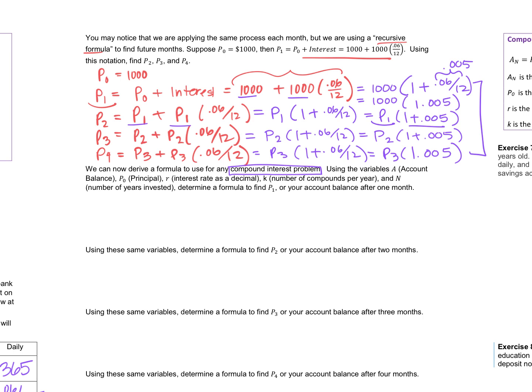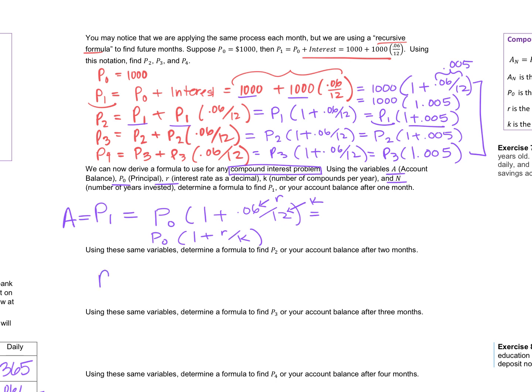And so P1, we could say that that is equal to that P naught times 1 plus 0.06 over 12, but using those numbers and letters here, we're looking at the amount after 1 month would be equal to that, but 0.06 is our rate and 12 is our K. So we're looking at it as P naught times 1 plus R over K.